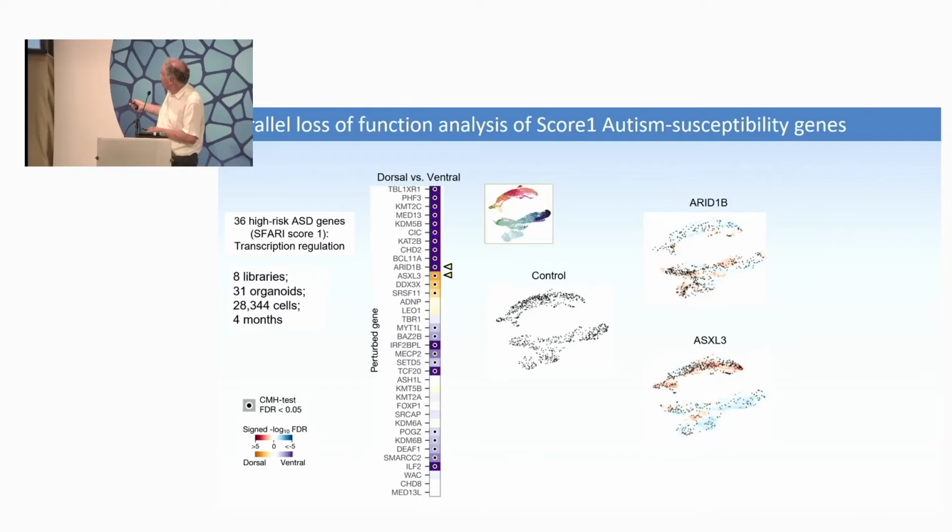ARID1B guide RNAs are depleted from the dorsal side, meaning that ARID1B is required for the generation of dorsal neurons specifically. ASXL3 is depleted from the ventral side, indicating that it's required for interneuron generation. So on this level of detail, we can annotate some loss of function phenotypes to some of the transcriptional regulators, but by and large, no common scheme is emerging.